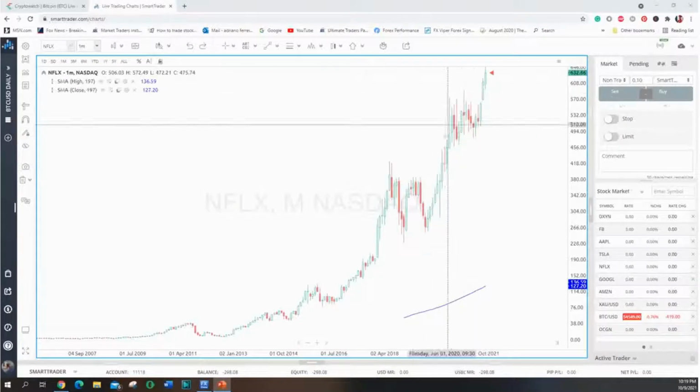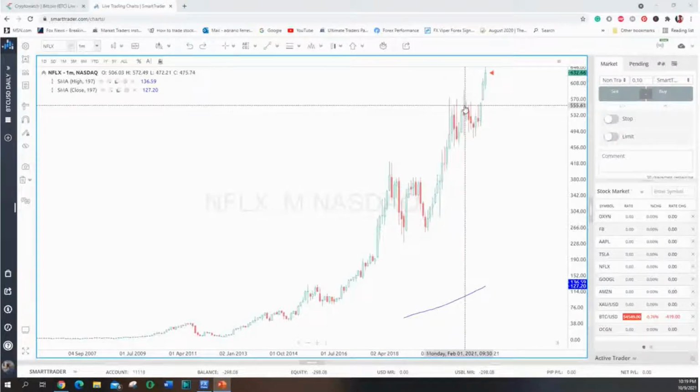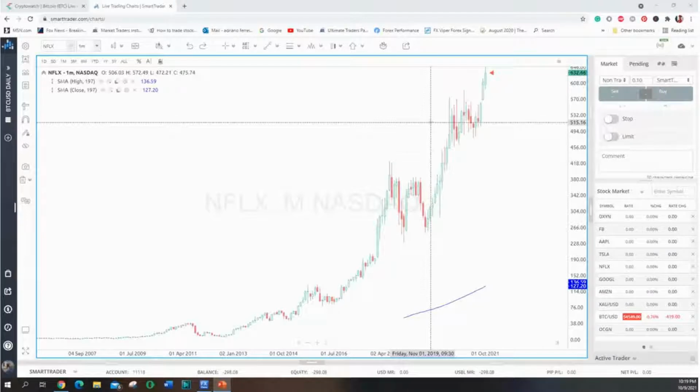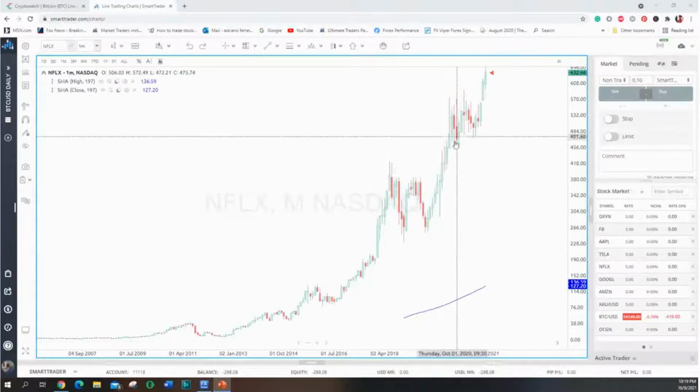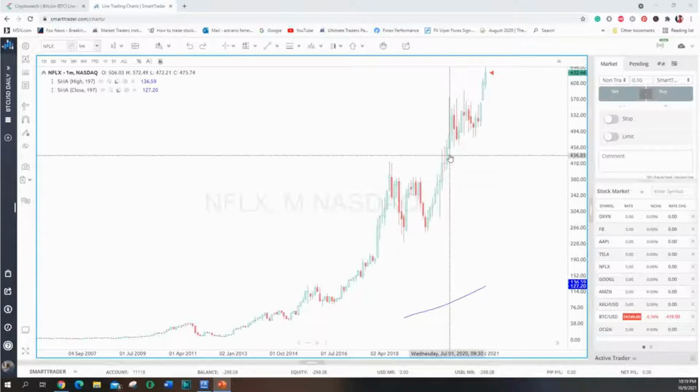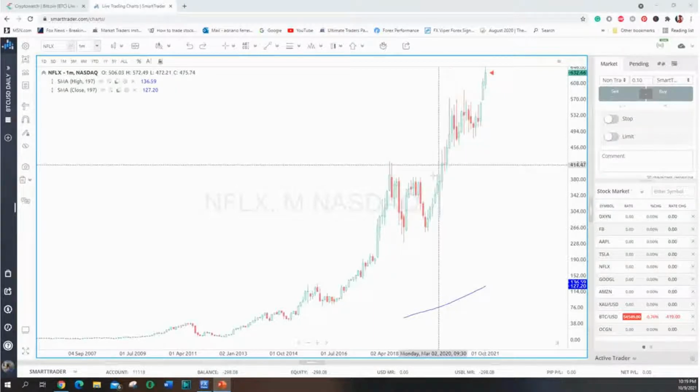So let's go there and see how you draw these trend lines. On this chart here we have Nasdaq. Let me get another one. We have Netflix. It's easy to do on those big companies because for the past couple of years it's just moving in one direction, just up.